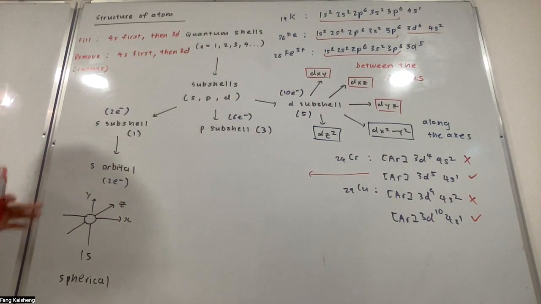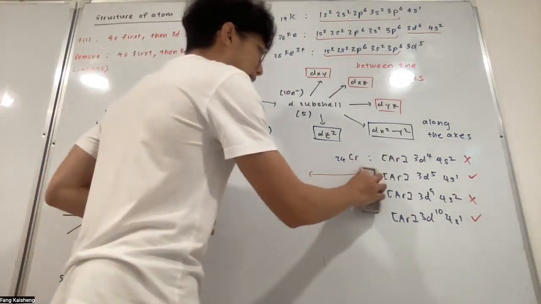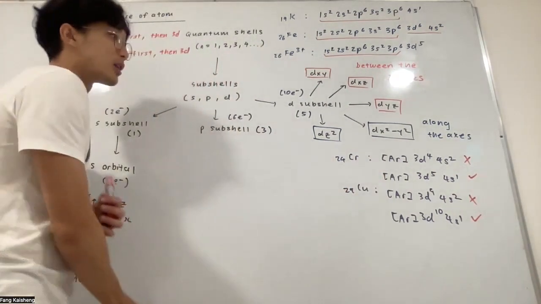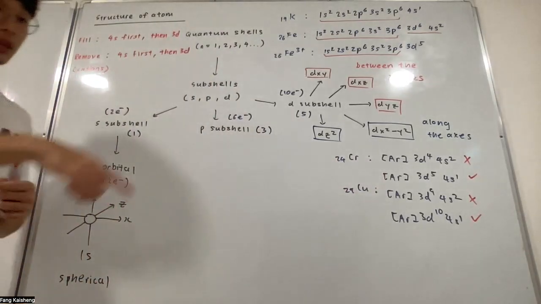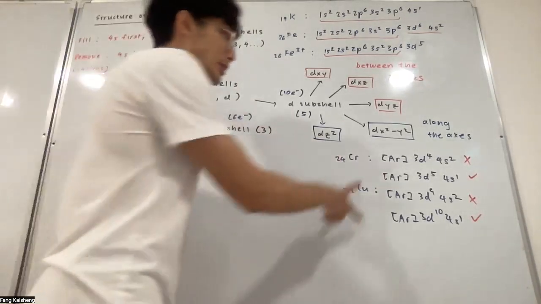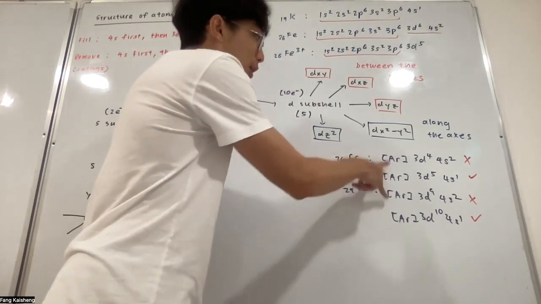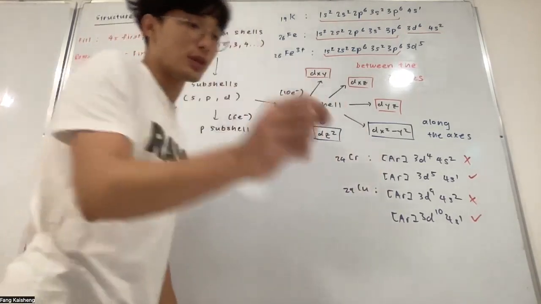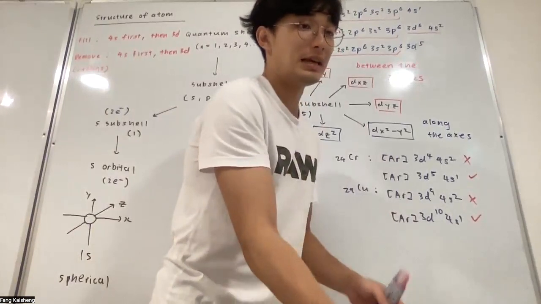For the sake of the recording, we won't go through this yet. I will go through how to draw the electron in box diagram later on the next page, and then we will come back to why these two are preferred over these two. So you can turn over to the next page first.